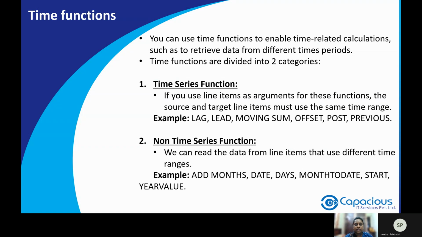By taking different time ranges, we have to link in the source module. For non-time series, we'll use examples like add month, date, days, month to date, start, year value, or current period. There are many more non-time series functions that are used only for reading the data for the time ranges. Other data we can't use in the non-time series.